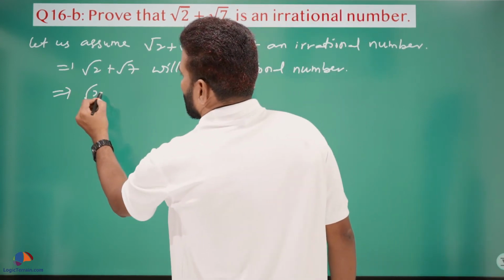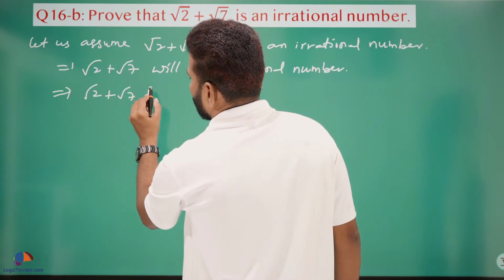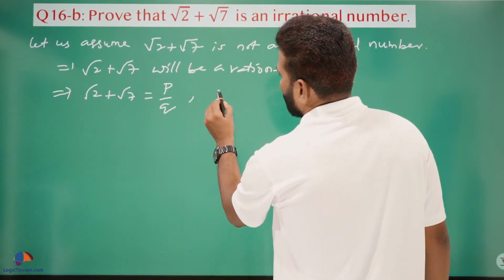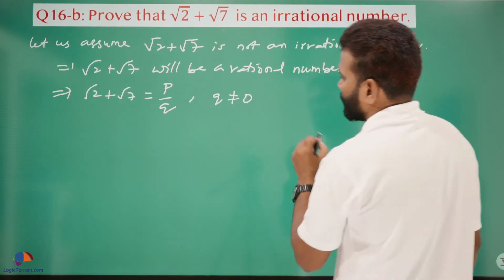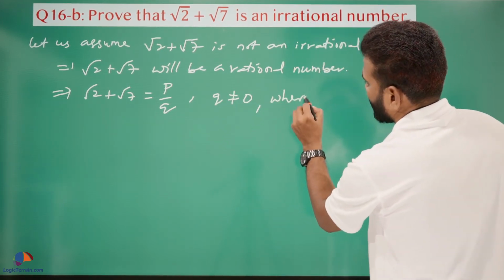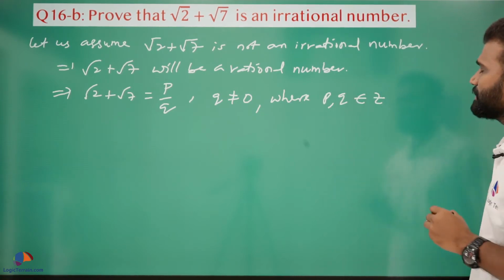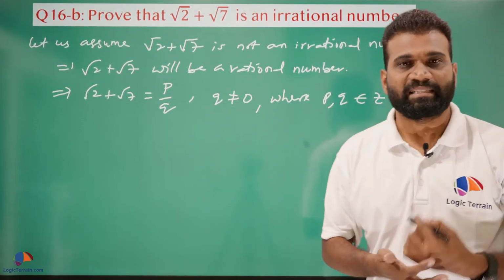So square root 2 plus square root 7 is equal to p upon q, q not equal to 0, where p, q belong to Z, that is, p, q are some integers, right?